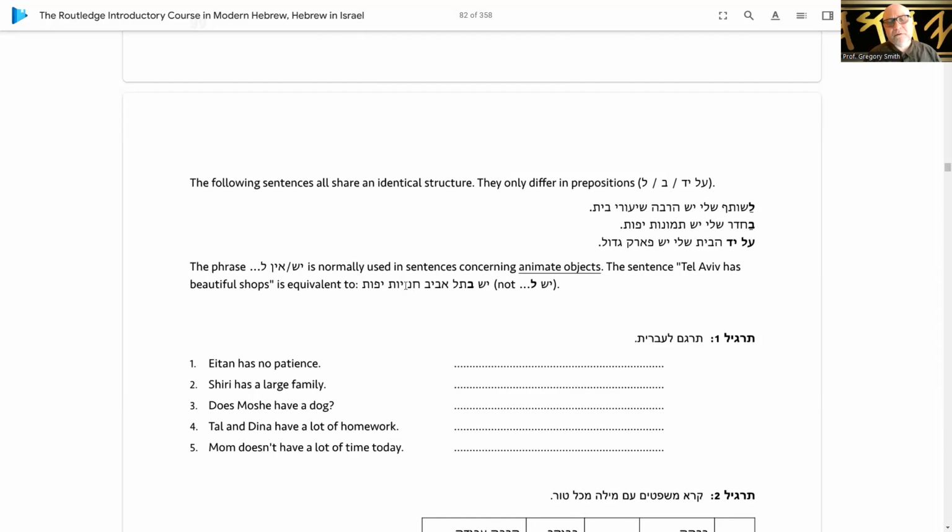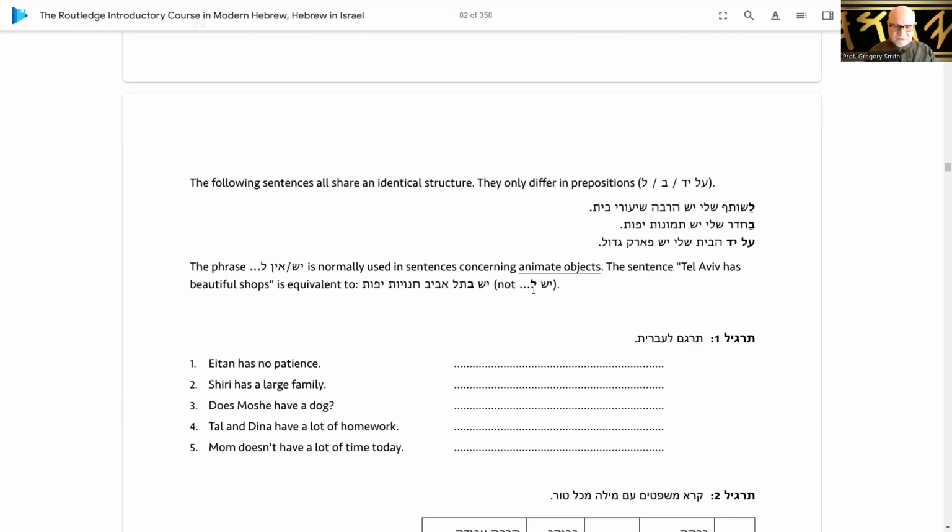חנויות יפות. Okay, so we have Yesh Tel Aviv. So there is in Tel Aviv, Hanuyot Yafot. There are beautiful shops in Tel Aviv. So you're not using Yesh Lamed, or even Ein Lamed, because it's an inanimate thing.